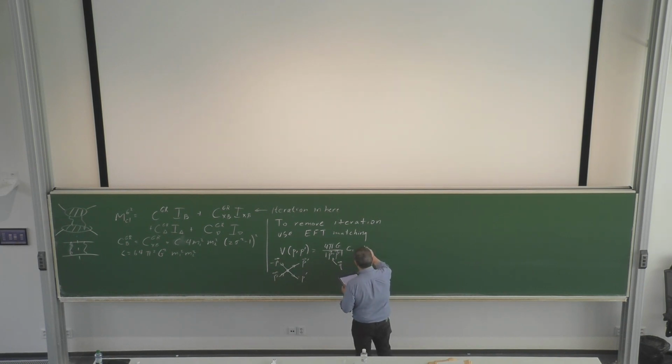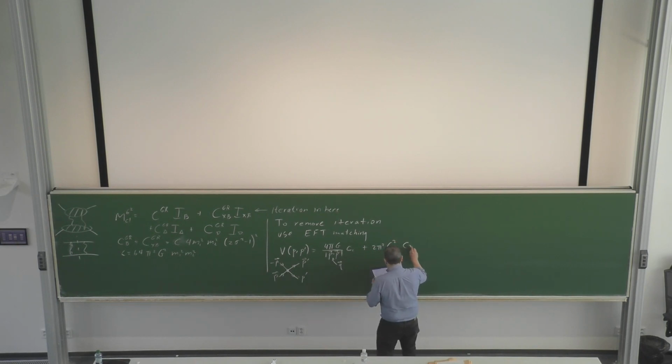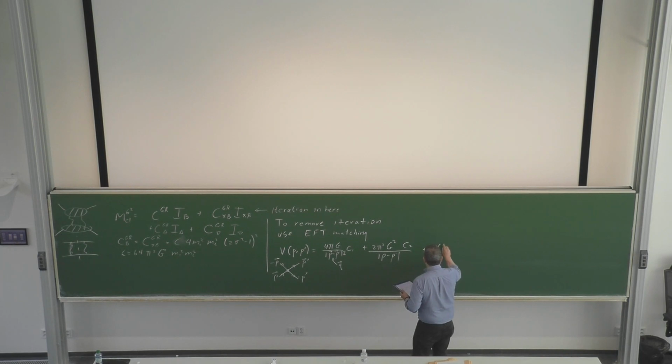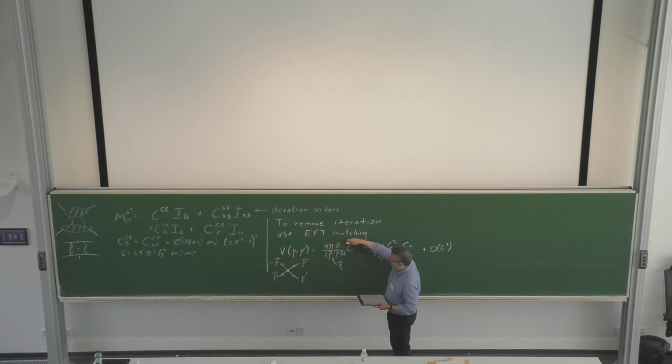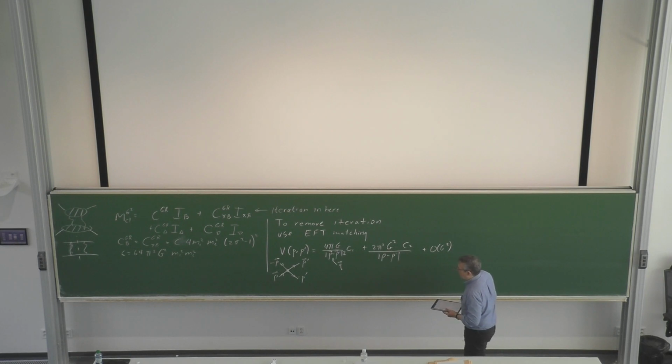And then the next order, 2 pi squared, and then a C2. Oh, this should be squared, P minus P prime, like so, and then plus order G cubed. Okay, and these coefficients are what we're interested in. That defines the potential. This one we already know. We don't know this one.